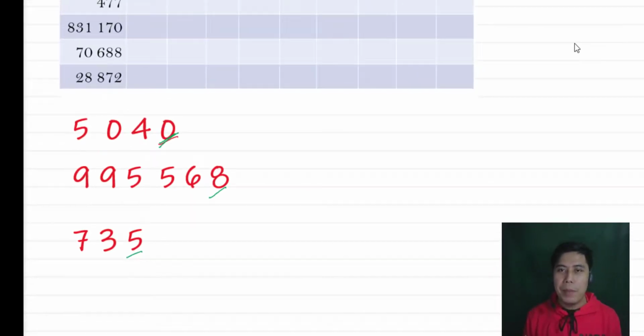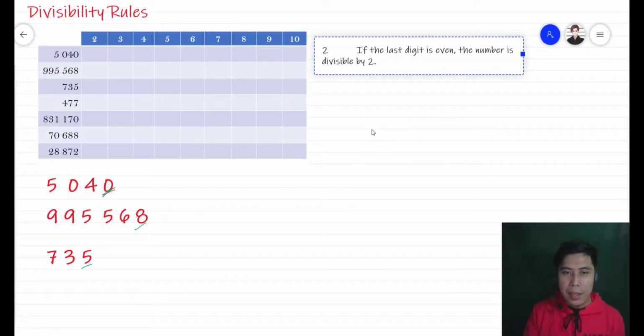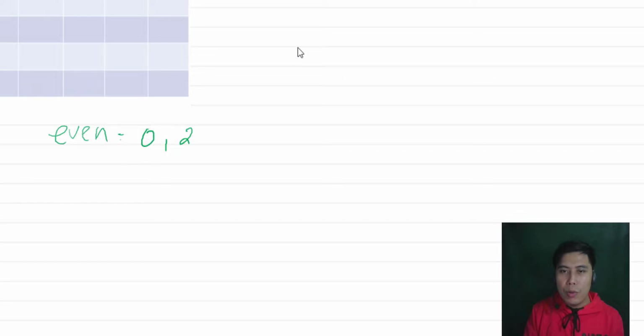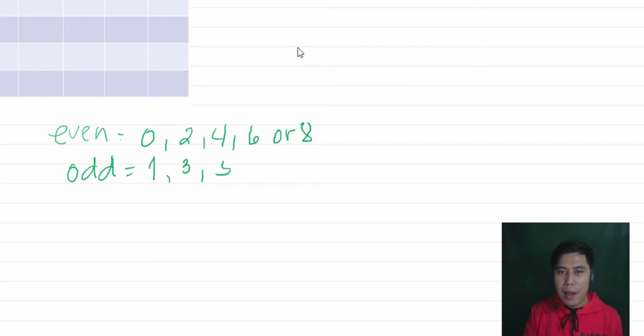Accordingly, if the last digit is even, how do we know that a number is even? When the number ends with either 0, 2, 4, 6, or 8. Otherwise, we call the numbers odd, or the numbers that end with 1, 3, 5, 7, or 9.